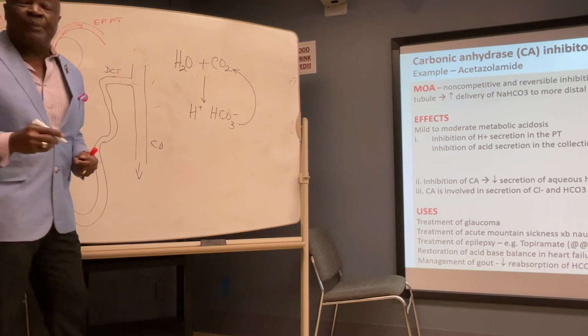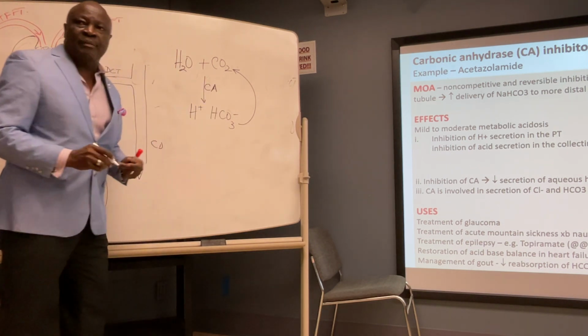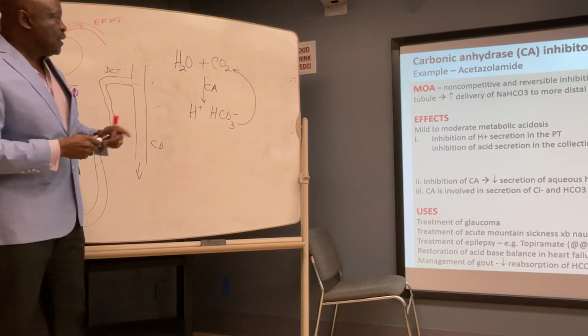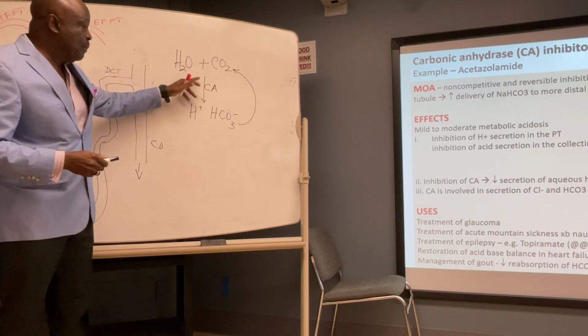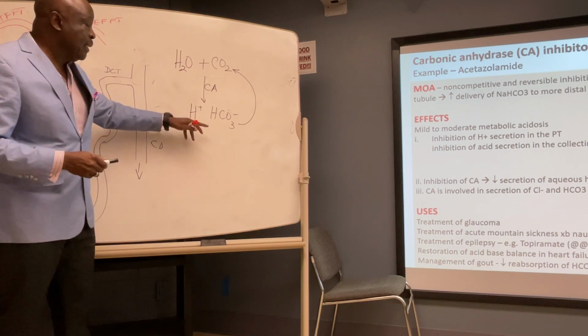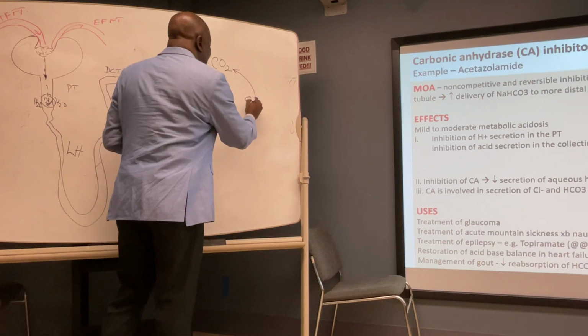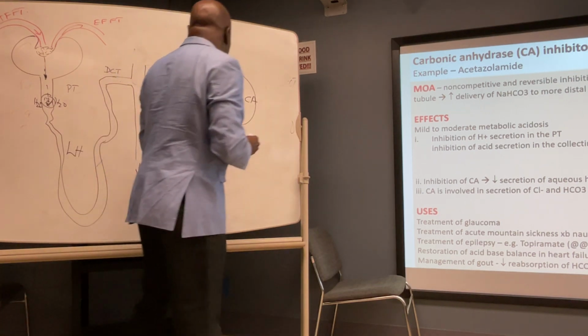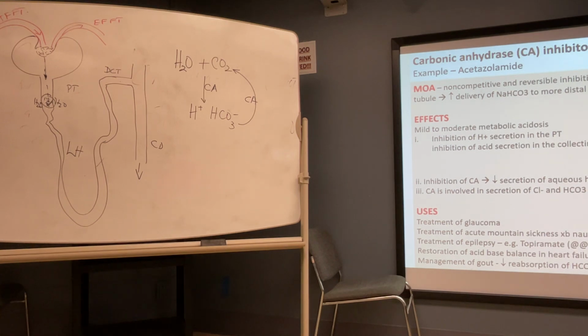What makes it possible is the enzyme called carbonic anhydrase. Carbonic anhydrase is responsible both for the dissociation of this into this, and for the recombination of this bicarbonate and hydrogen ions back to water and carbon dioxide.